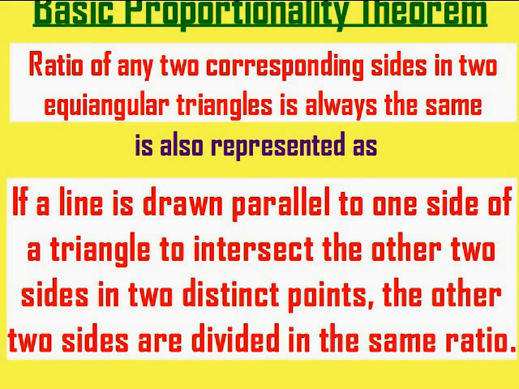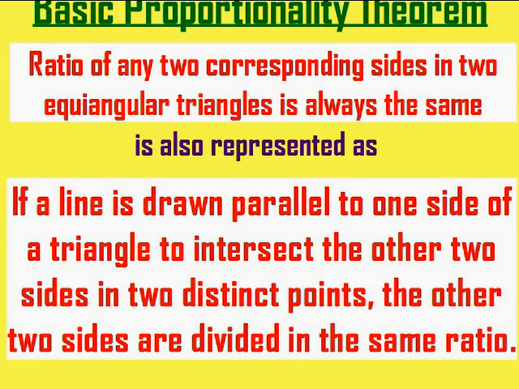I repeat, the ratio of any two corresponding sides in two equiangular triangles is always the same. The same theorem is also represented as: if a line is drawn parallel to one side of a triangle to intersect the other two sides in two distinct points, the other two sides are divided in the same ratio.